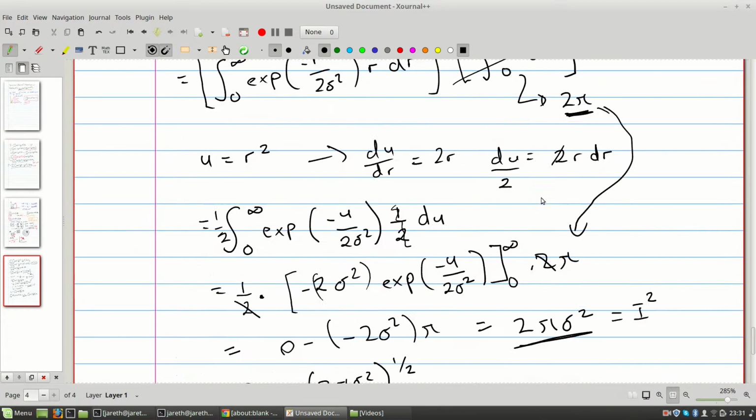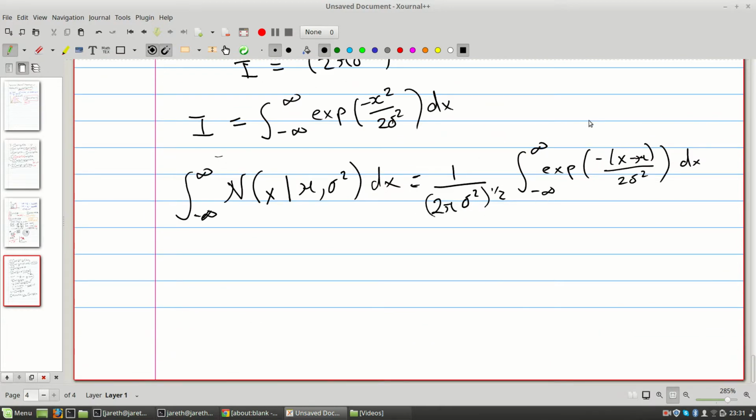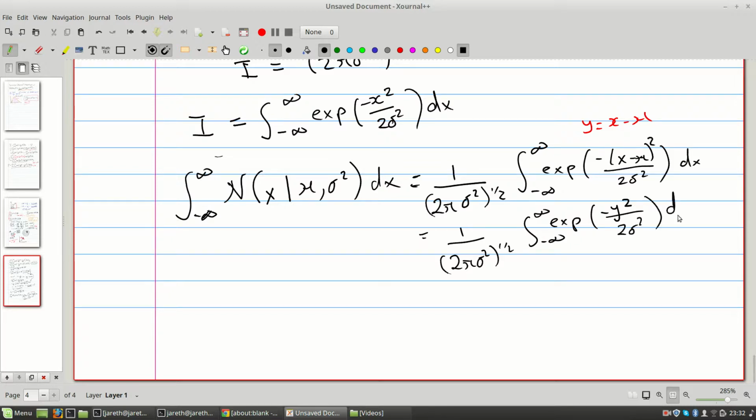But if we just say that y is equal to x minus mu, then we can actually rewrite this as 1 over 2 pi sigma squared to the power 1 over 2, integral from minus infinity to infinity of the exponent of minus y squared over 2 sigma squared dy. But from this here, we know what this is equal to. This is actually I, right?